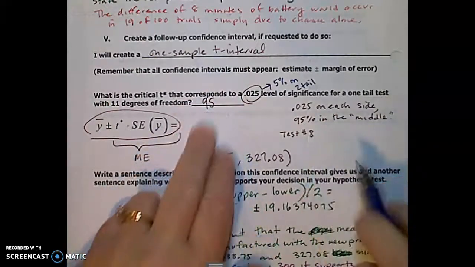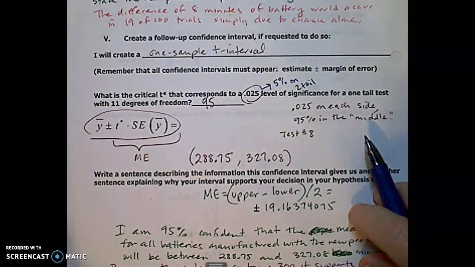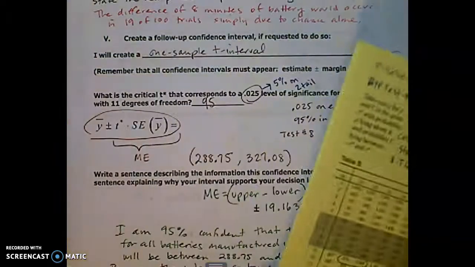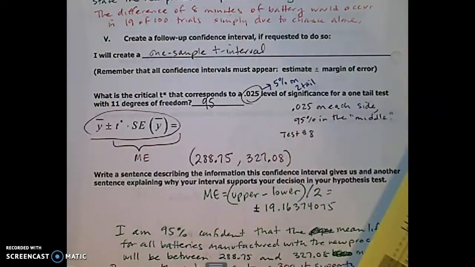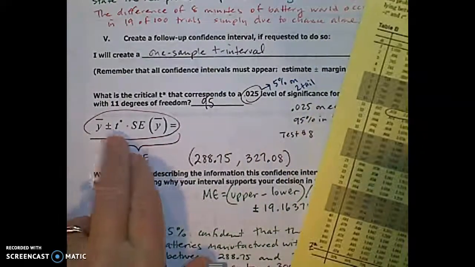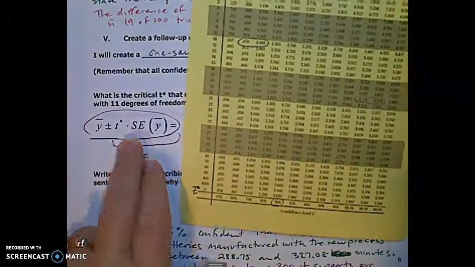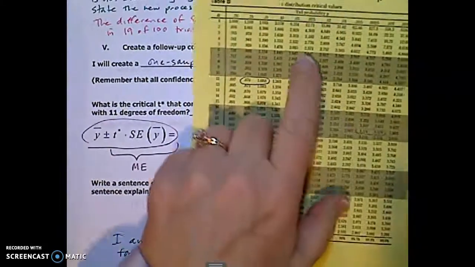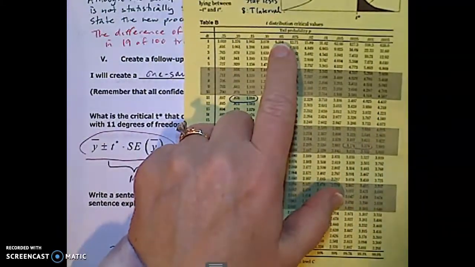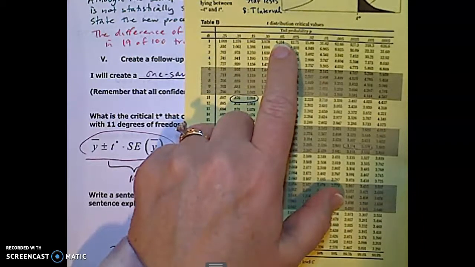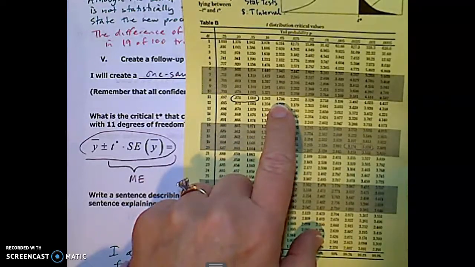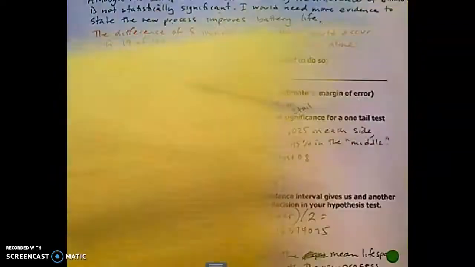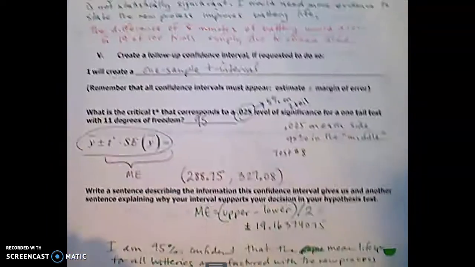So we're going to use a 95% confidence level. If you are going to work all this out, remember your t star has to reflect not 0.025 but 0.05. The 95% confidence level at 11 degrees of freedom would give you a t-score of 1.796.